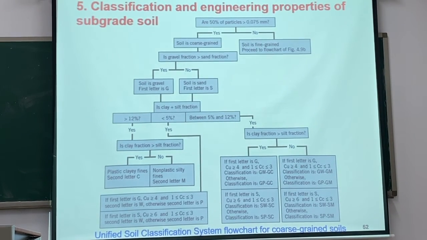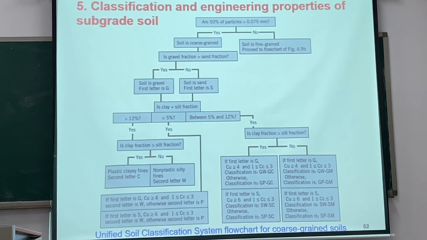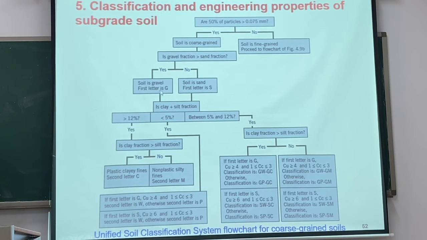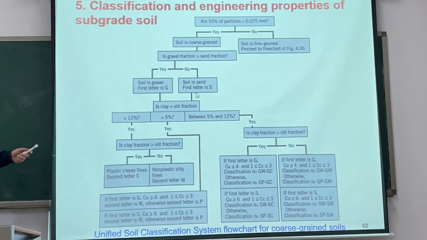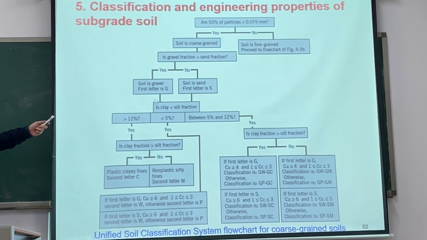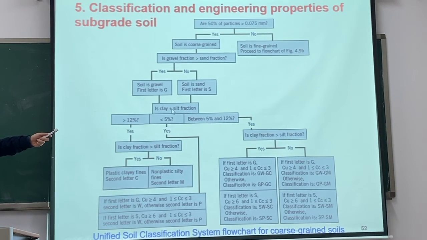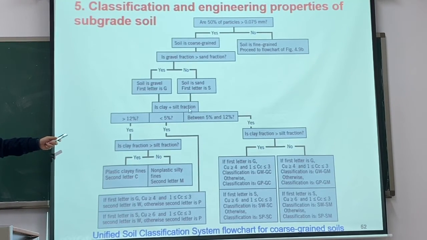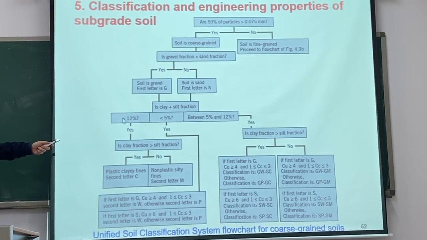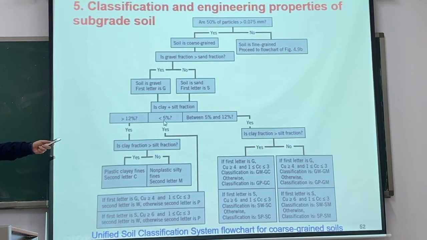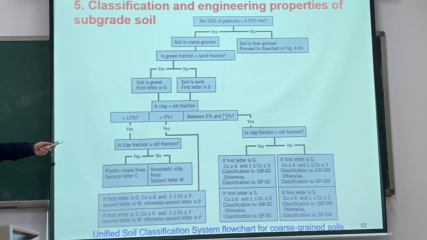If the soil is gravel, the first letter is G, and if the soil is sand, the first letter is S. And for the clay and silt fraction, we should consider 12% and 5%, and between 5 and 12%.